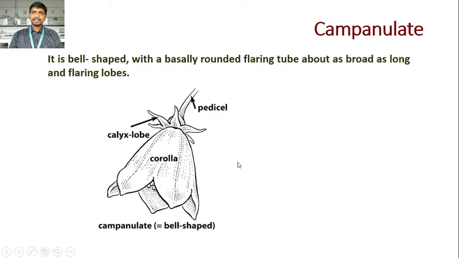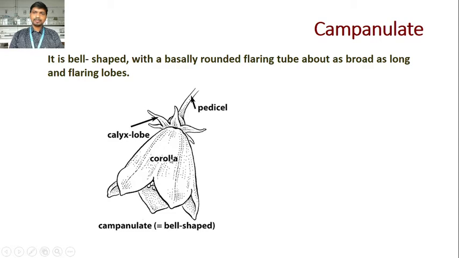Then the campanulate corolla, it is a bell shape. It is bell shape with a basally rounded flaring tube about as broad as long and flaring lobes. So here we can see clearly the basal rounded flaring tube.